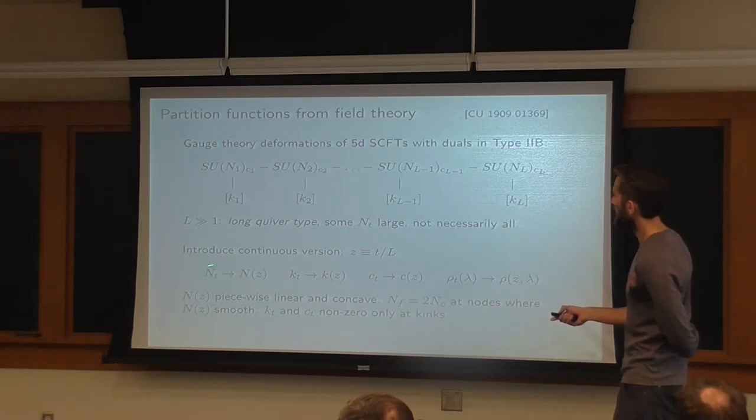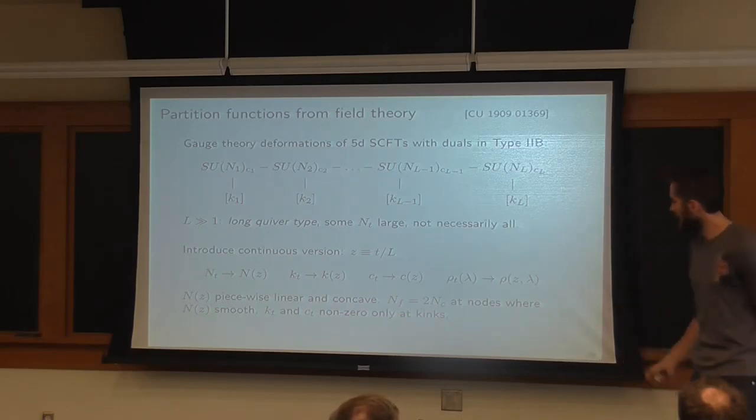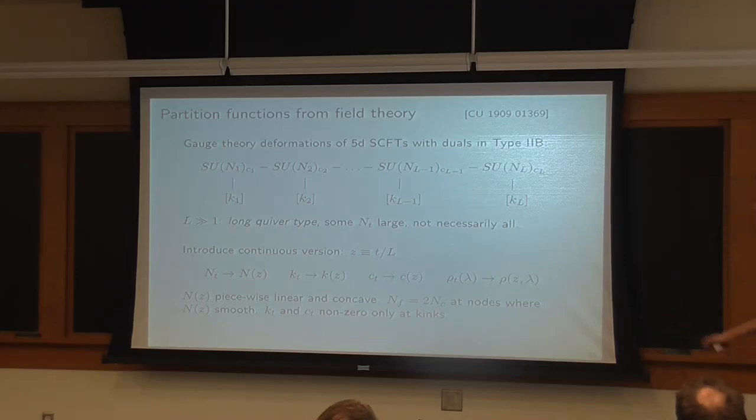The family of ranks, the N's, gets replaced by a continuous function of z. And likewise for the flavors and the Chern-Simons term. In particular, the family of eigenvalue distributions, rho_t of lambda, gets replaced by one function of two variables, the continuous label z and lambda.